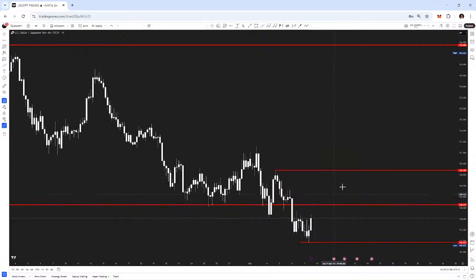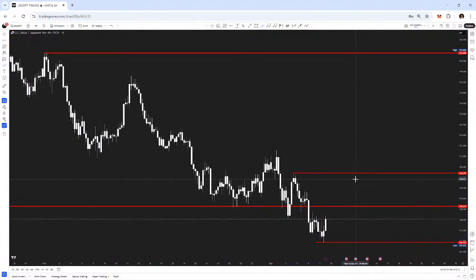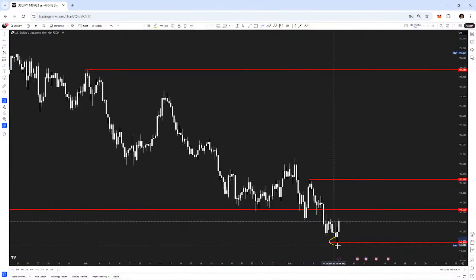So basically, there are two options here, and that will be determined on Monday. The first one is if we in fact continue with this structure low and create a lower high that will liquidate this low, creating a new lower low, continuing with what we already know is true.